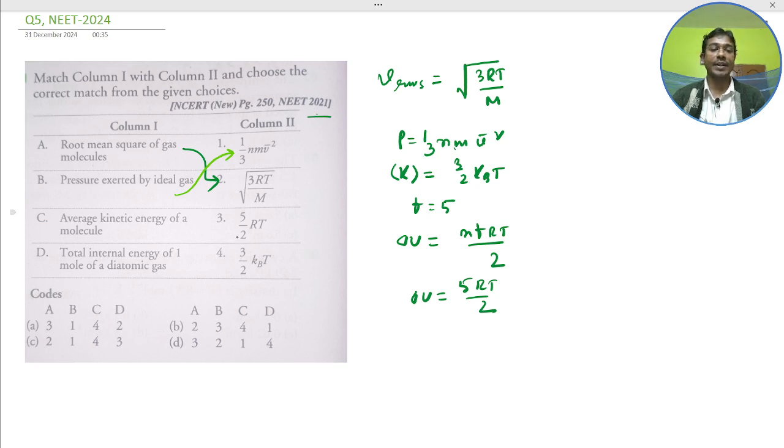Next, average kinetic energy of a molecule is 3/2 kT, we know from equipartition of energy. Total internal energy of 1 mole of diatomic molecule is 5/2 RT. So C would be our correct answer: A2, B1, C4, D3.